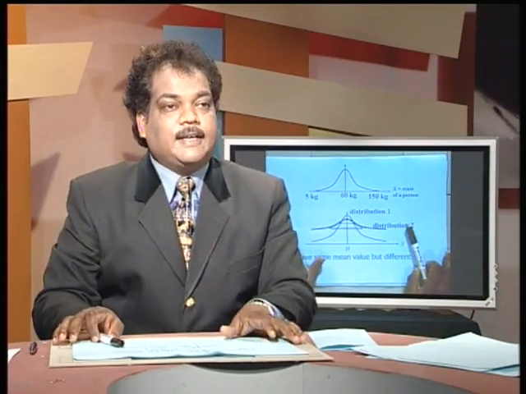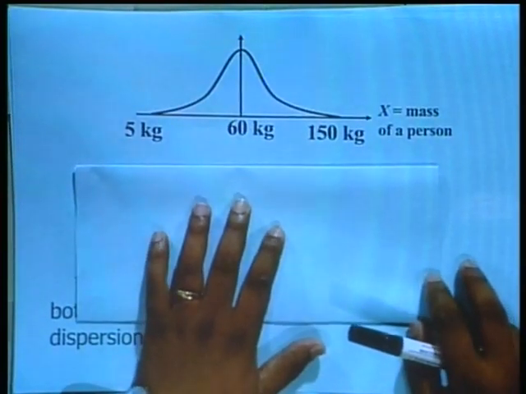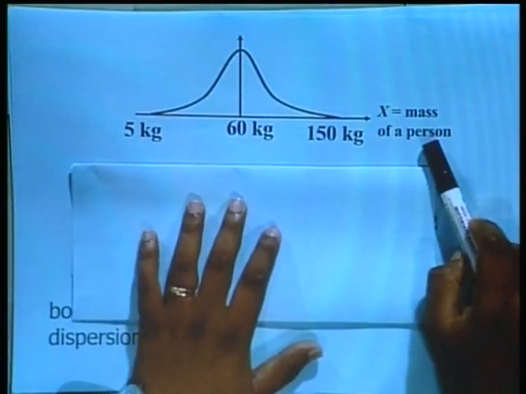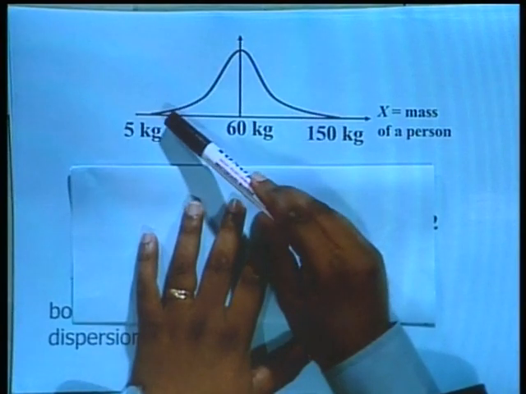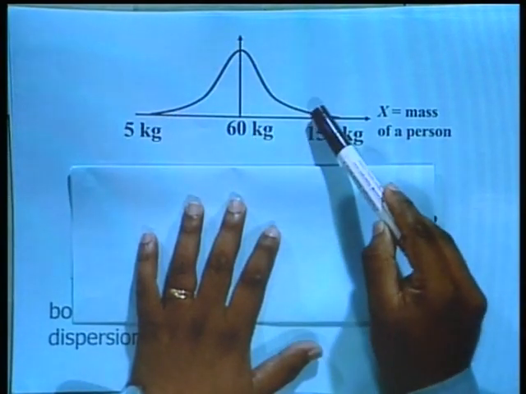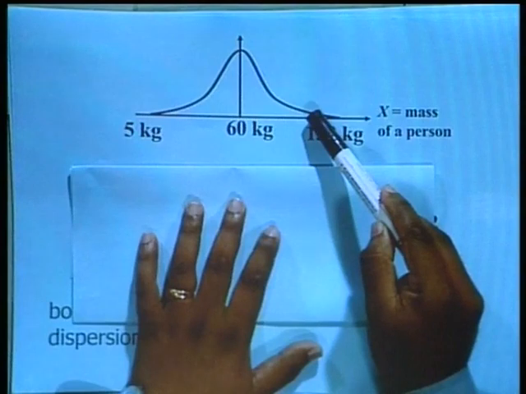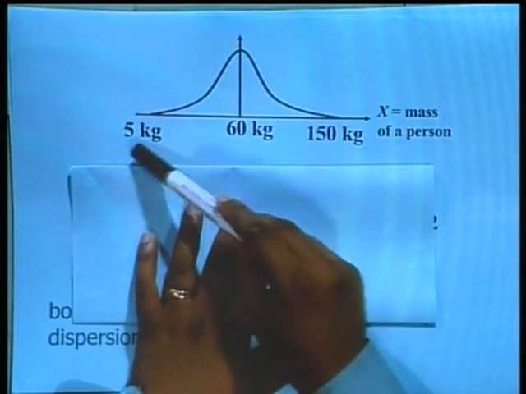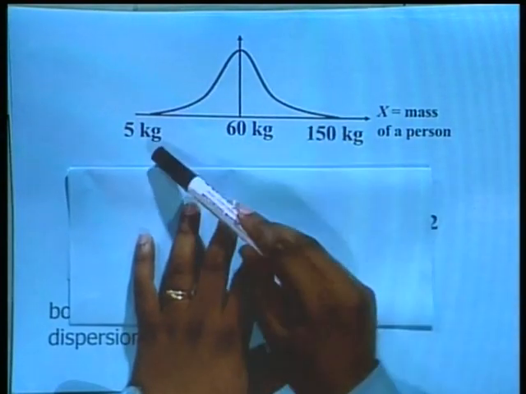It is not sufficient to define a normal variable using the mean. This is because two different distributions may have the same mean value while they have different dispersions. Let's consider the case of the mass of a person. When using a normal probability distribution instead of a histogram, this is the shape of the distribution that we get.